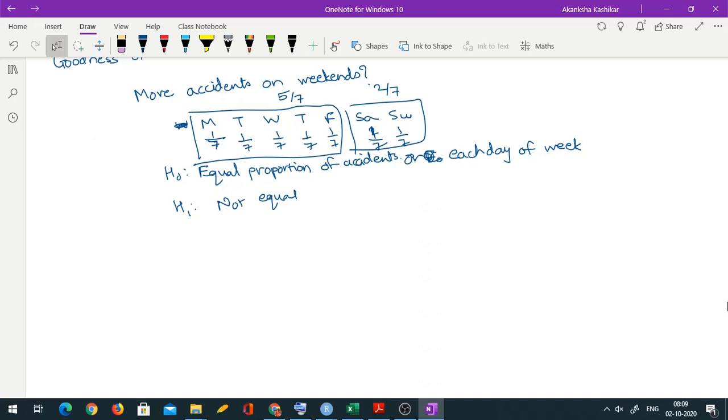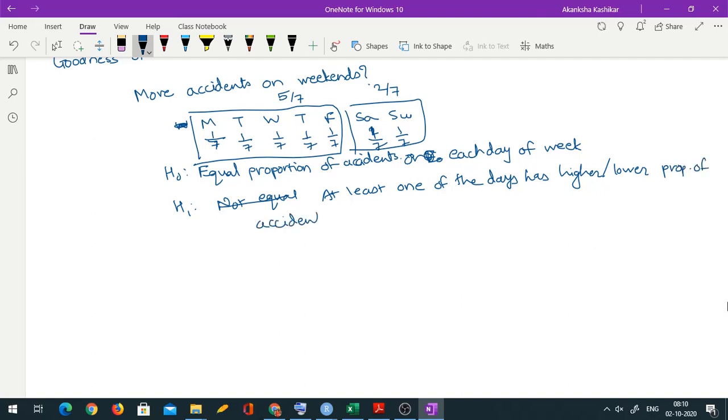I am not just concluding about weekday weekends, I am concluding about each day, and my alternative would be that at least one of the days has a different proportion of accidents, higher or lower, than other days. I am saying at least one. So it may happen that every day of the week has a different proportion of accidents. That is also fine.